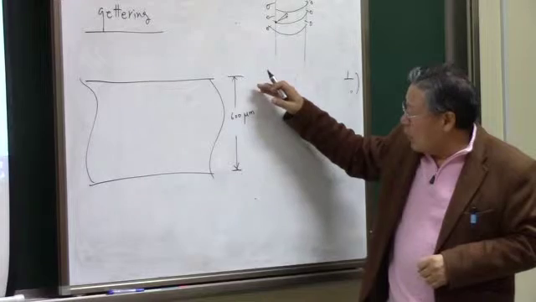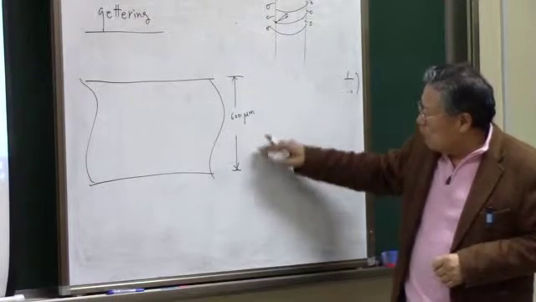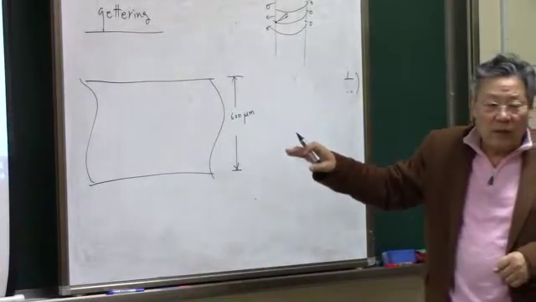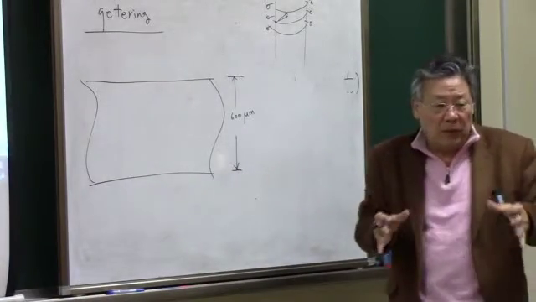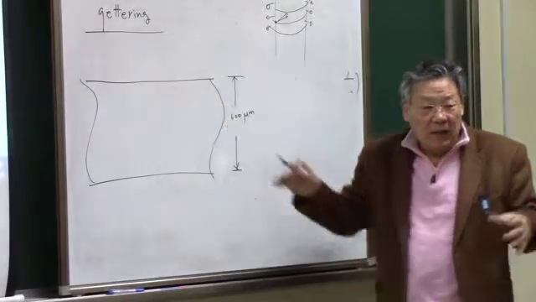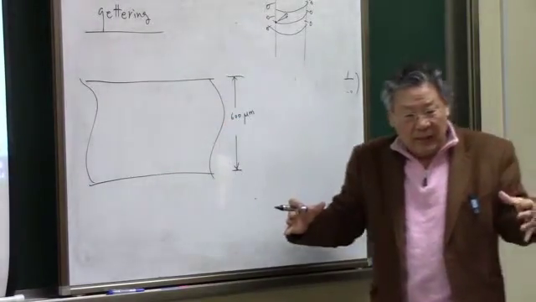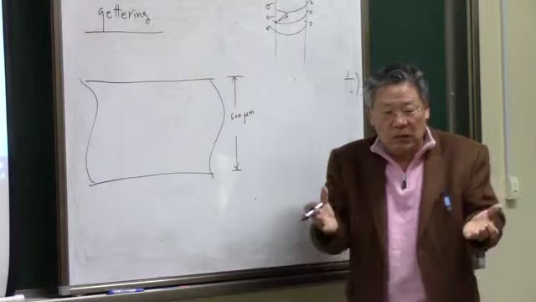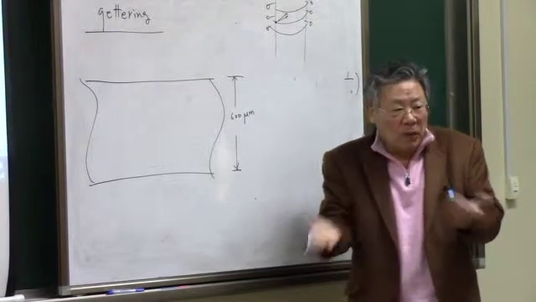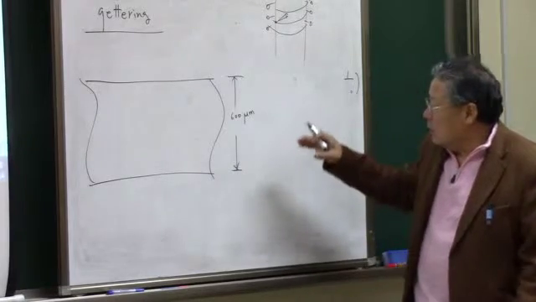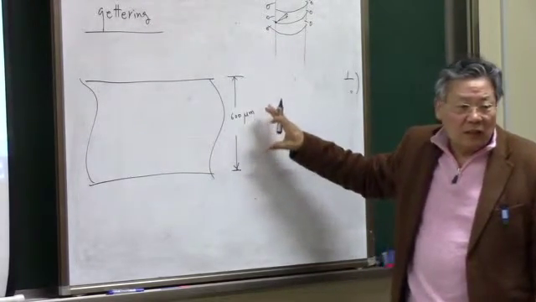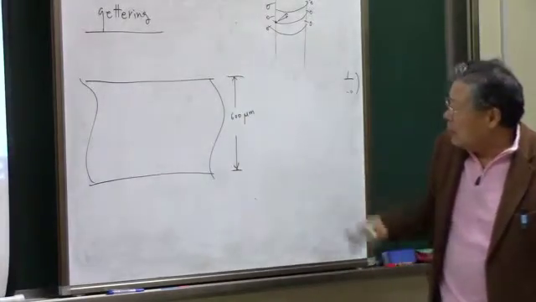Basically, why you want to maintain this thickness of the wafer is to prevent the warpage during the heat process. If it's too thin and it's wide, then during the heat treatment, it just twists, we call that warpage.